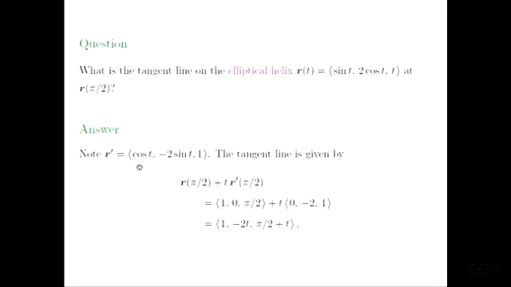So if I take this r prime and I evaluate it at t equals pi half, what do I get? 0. So cos of pi half is 0, sine of pi half is 1, so that becomes minus 2, and 1 remains. I then take these vectors and I can add them, so 1 plus 0 is 1, 0 plus minus 2t is minus 2t, and we have pi half plus t.